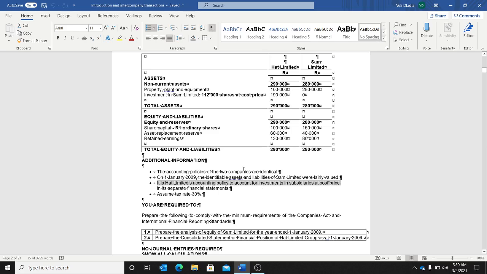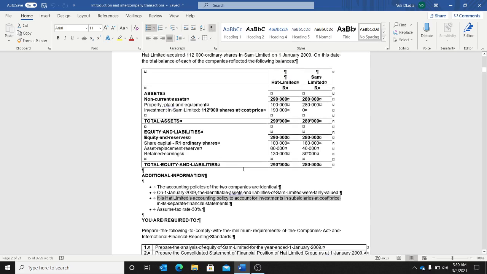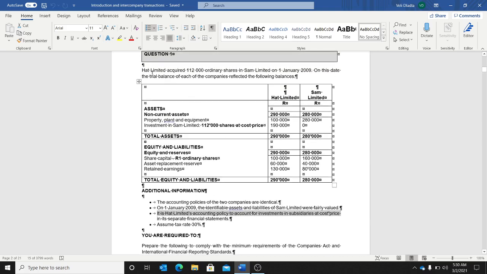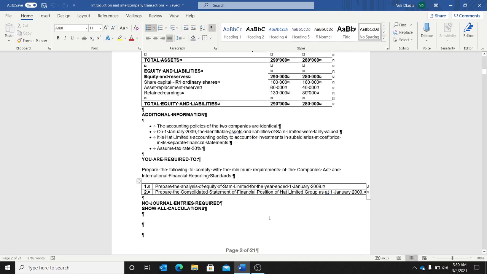Right. Now, when a company is acquiring another company, meaning when HAT acquires 112 of SAM, meaning that's 70%, HAT is acquiring what we call the net asset value of SAM. Right. Now, let me explain this.